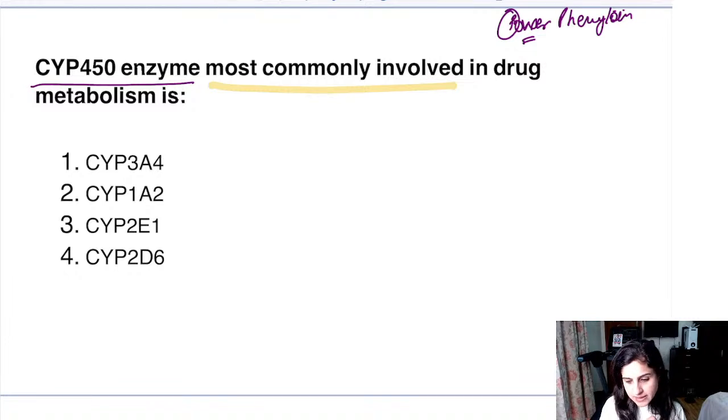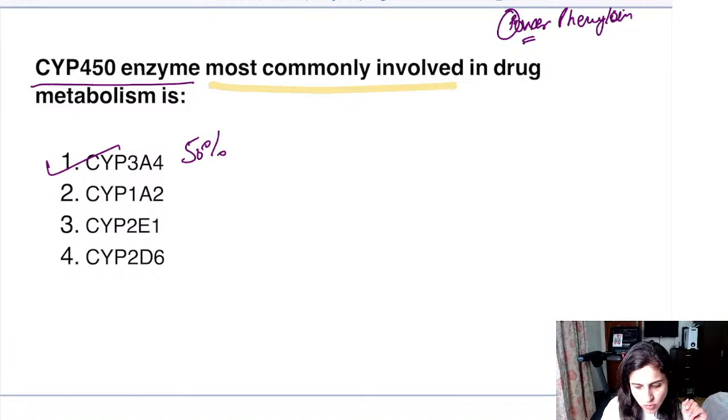Which of these is the most common CYP involved in the metabolism? Very good. It is the CYP3A4. 50%, rather more than 50% of the drugs are metabolized by CYP3A4.